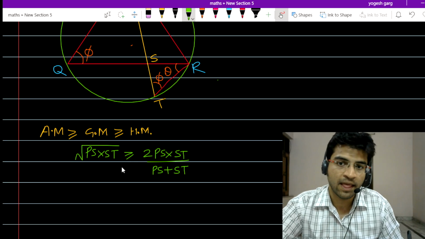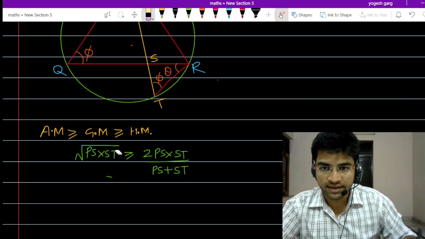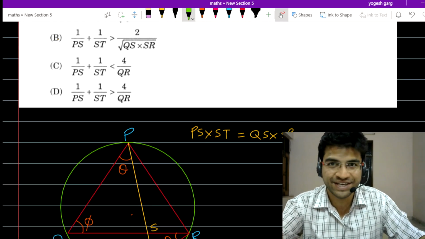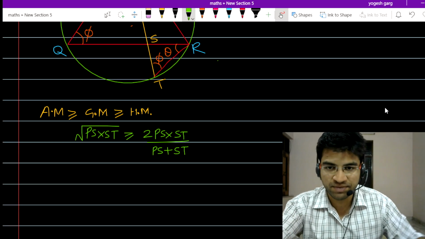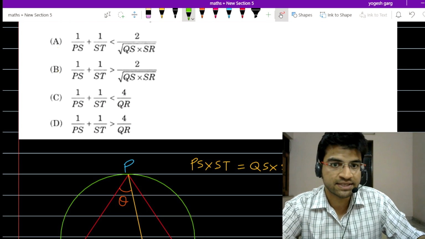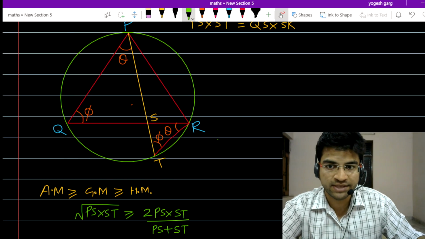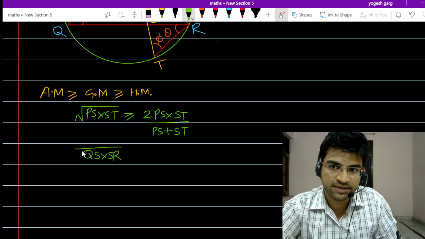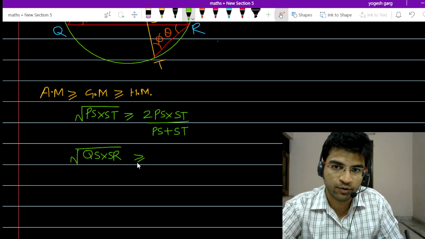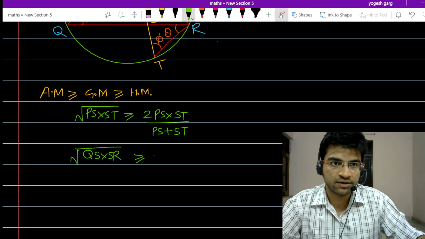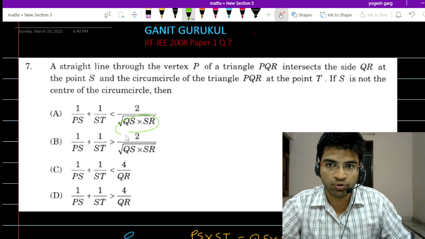This is the result. Now what can we do with this result? How to proceed ahead and how to use this? It is clear if you see this question. Just break this: write PS into ST as QS into SR, so the root of QS into SR is greater than or equal to 2 PS into ST upon PS plus ST. What is better to do is take the reciprocal here, because the other side is also in reciprocal.